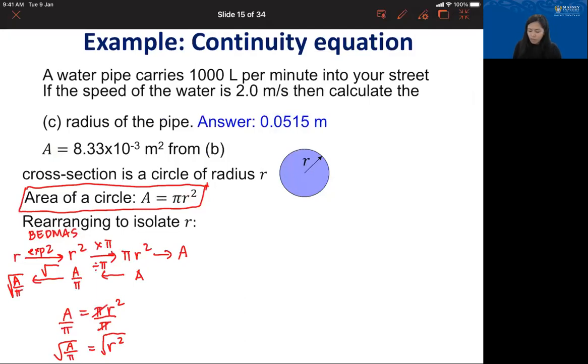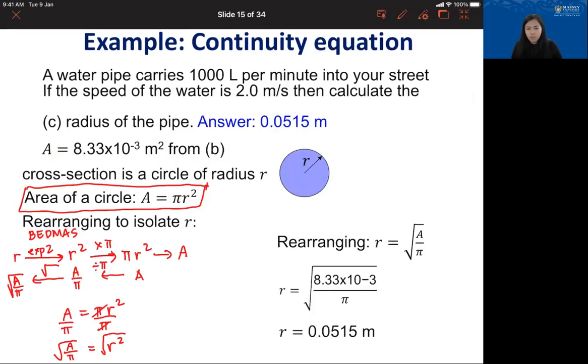Therefore the rearranged form is r equals the square root of A over pi. From there, if you get the correct rearranging, it's just a matter of substituting the numbers. Sorry, this is exponent minus 3. So that's 8.33 times 10 to the minus 3 divided by pi, and then take the square root, and that should give you a radius of 0.0515.